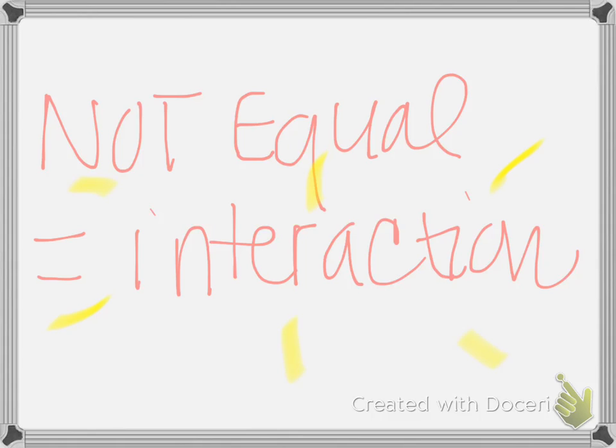When it's not equal, there is an interaction. So that sums up my equation for letter C, saying that there is a main effect for both factors A and B because the differences are 1.5 and 3.5. Therefore, an interaction has occurred because the differences aren't equal.